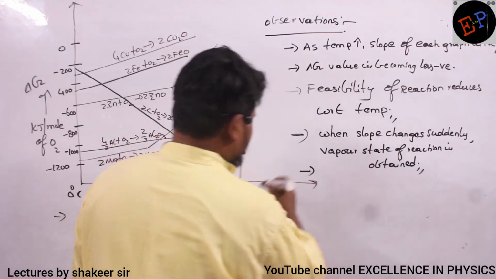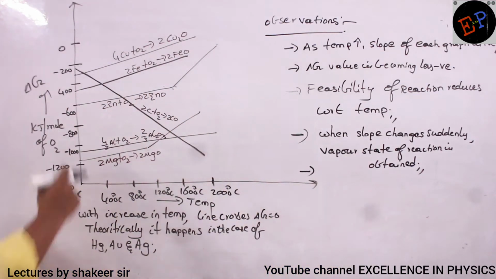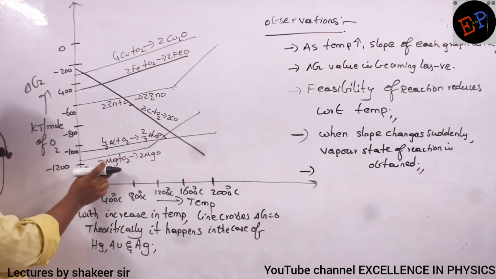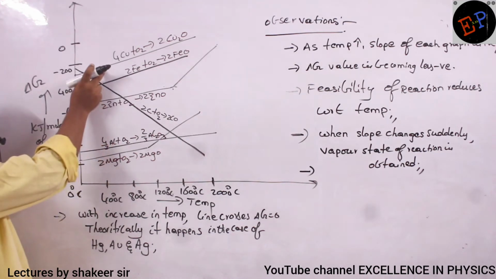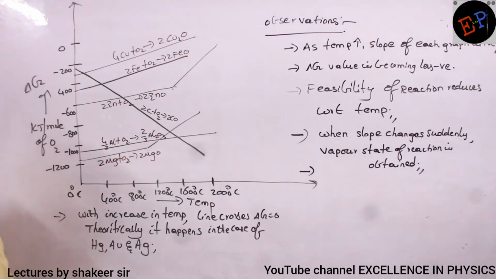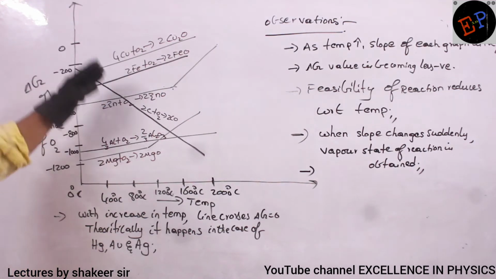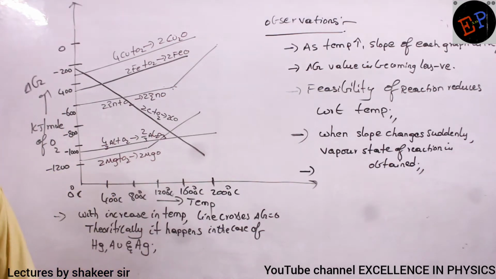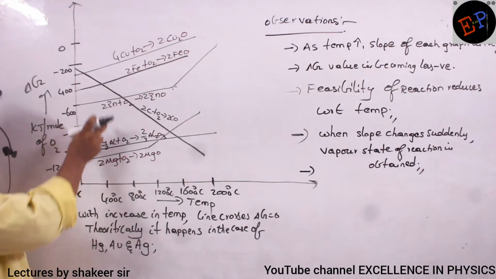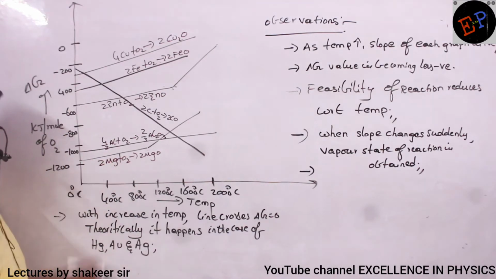Any other observation? We see that for some reactions, the delta G value is very hugely negative, and for some it is only lightly negative. So can you say which one will behave like a very good reducing agent? The element which has the highest negative value of delta G is a very good reducing agent. That's what we have studied, no? So out of all of them, which is a very good reducing agent? Magnesium is a wonderful reducing agent.